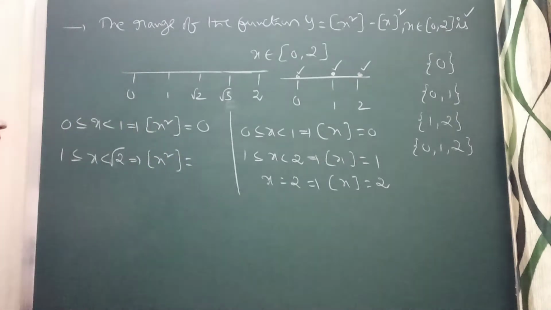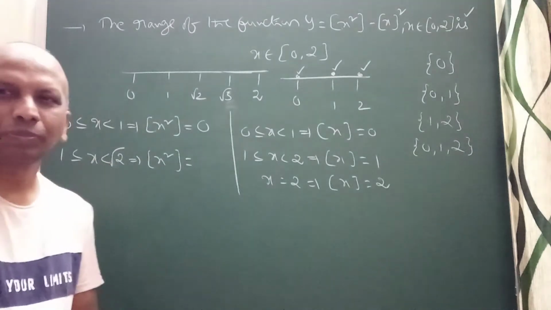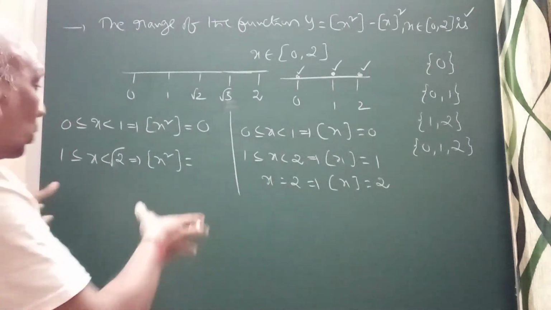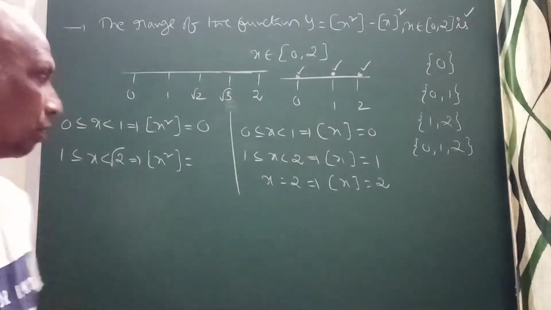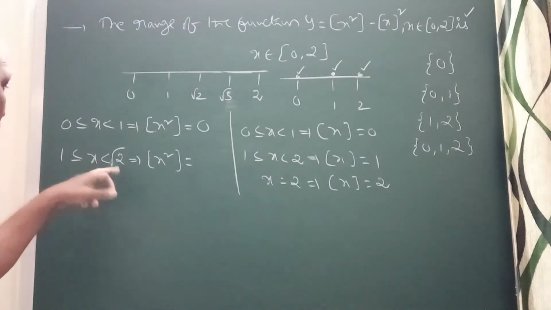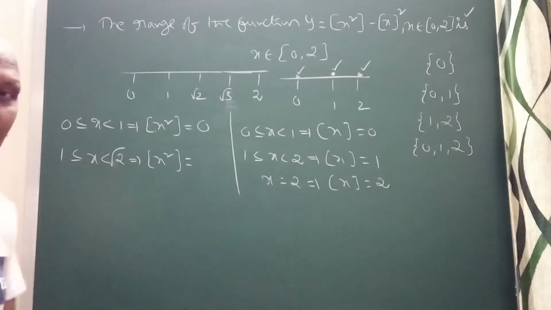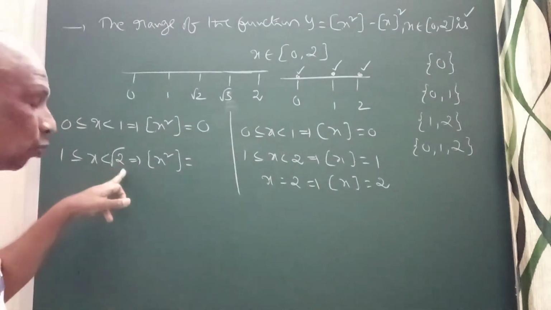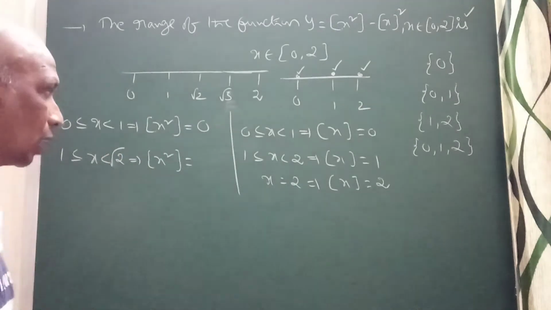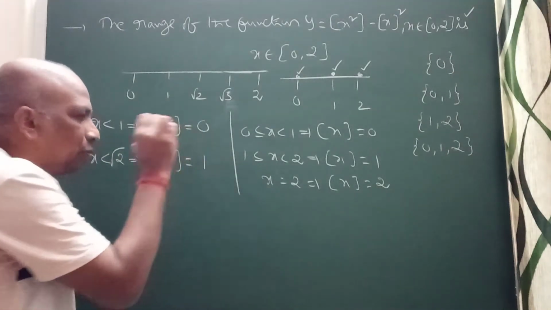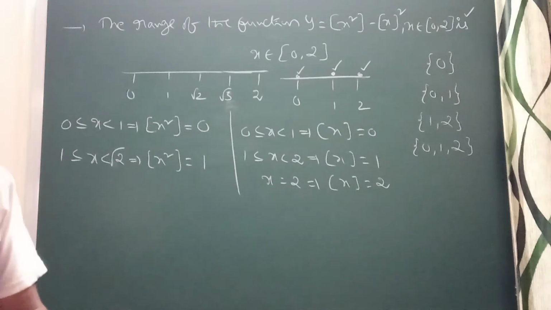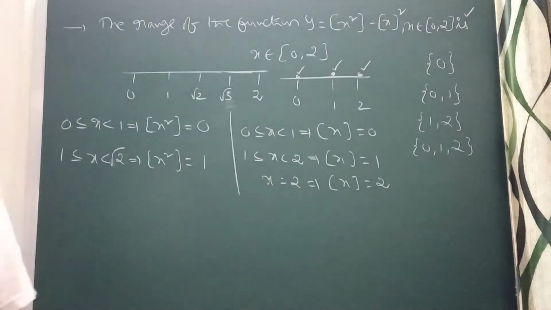Here, x square is either 1 or 1 point something, since root 2 is 1.414. So step of x square will be 1 only. Between 1 and root 2 also, the value will be 1.